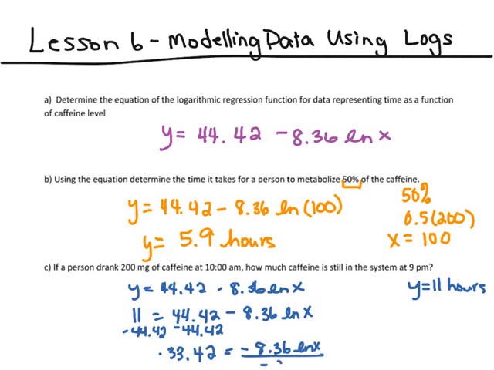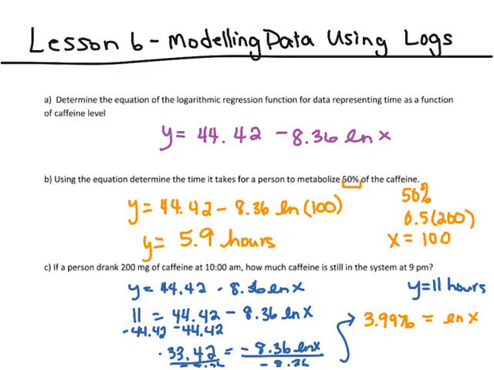Then we're going to divide by negative 8.36. And you'll get 3.9976. And that's equal to ln of x. Now we need to solve for x, and we can't do that unless we change this to an exponent.